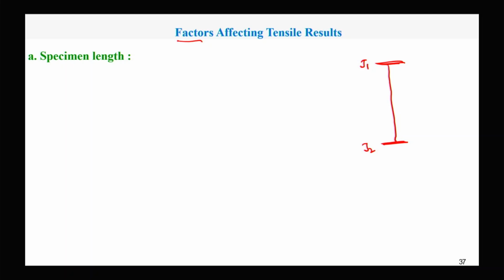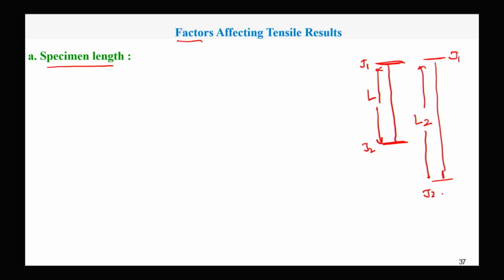First, if we change the specimen length, that means the gauge length. So this is the material tested at gauge length L1. Then we test the same material in the same machine, but here the gauge length is L2.